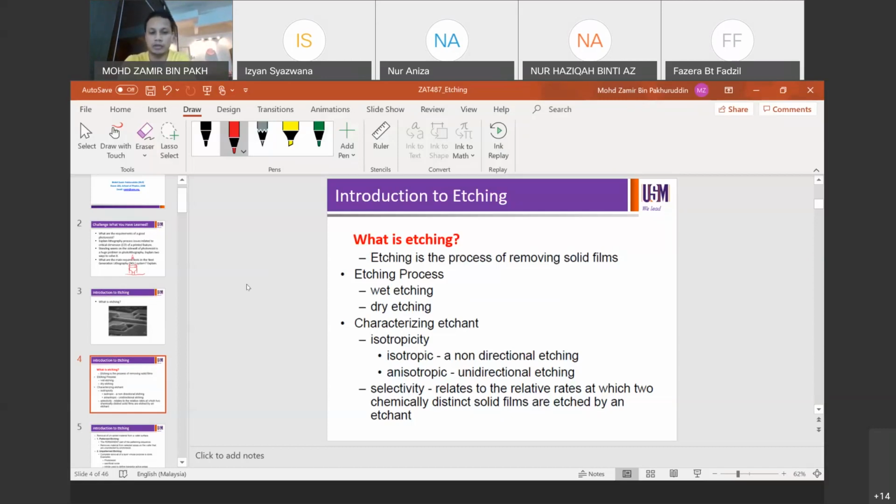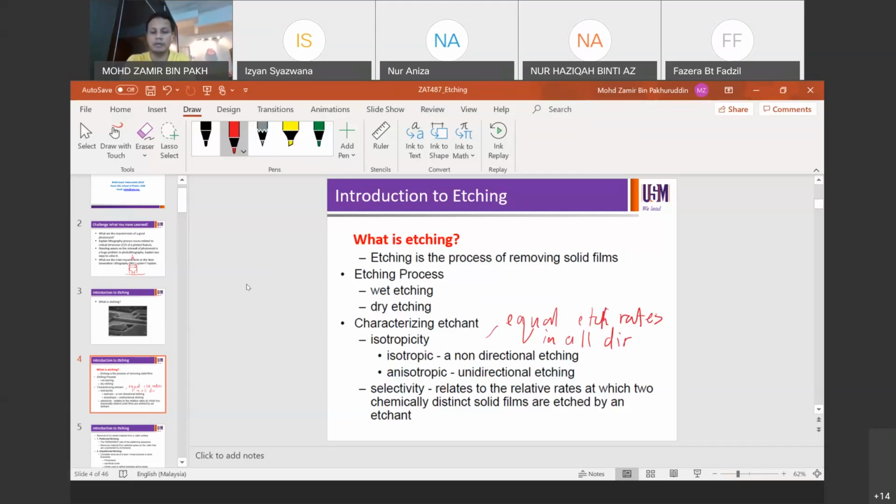Nanti kita akan go through etch rates, tapi saya just cover kat sini dulu. Equal etch rates in all directions.